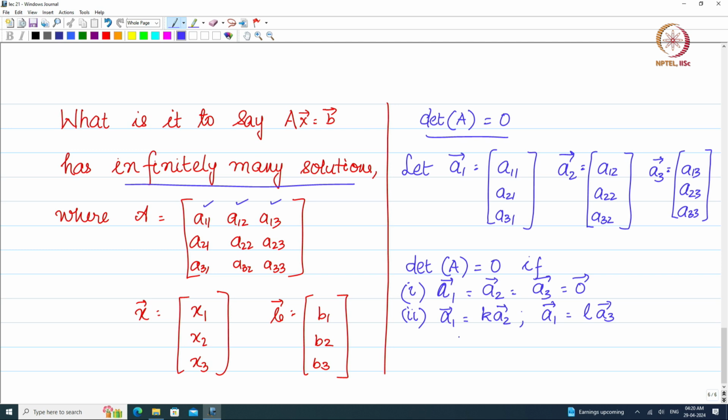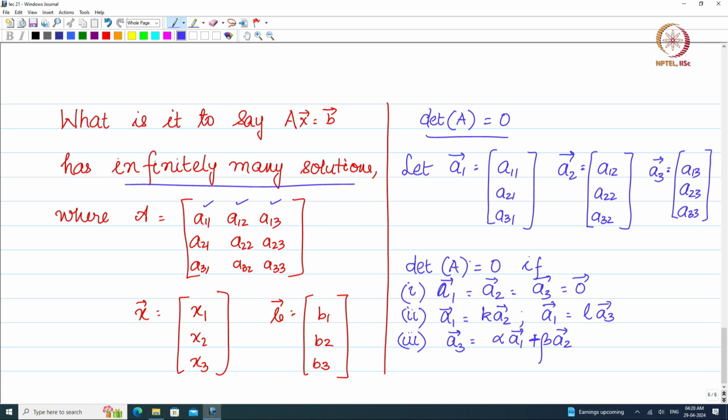So each vector is a multiple of the other, in which case the determinant of A is 0. In the third case, the vector A3 is some alpha times the A1 vector plus beta times the A2 vector, which means the A3 vector is a linear combination of the other 2 vectors A1 and A2.